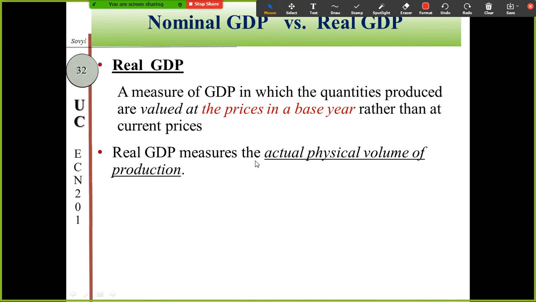Real GDP measures the actual physical volume of production, the actual activities or actual performance of producing goods and services.